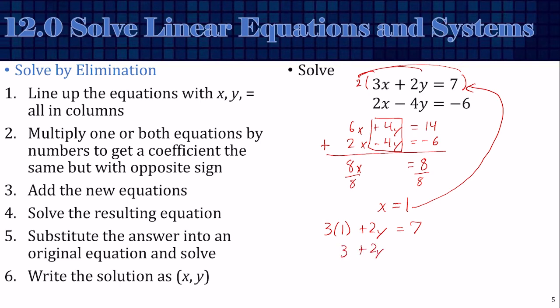So 3 plus 2y equals 7. Subtract 3. So 2y equals 4. Divide by 2 and you get y equals 2. So x is 1 and y is 2. You write your answer as 1, 2.